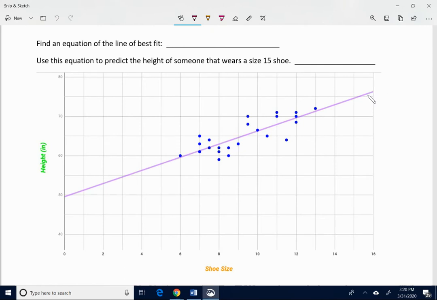Okay, so let's just go through this. For the equation, you need the slope and the y-intercept. To find the slope, find 2 corner points as best you can. Even if they're not exactly in a corner, they're really close. I think that one looks pretty good, and that point looks really good.